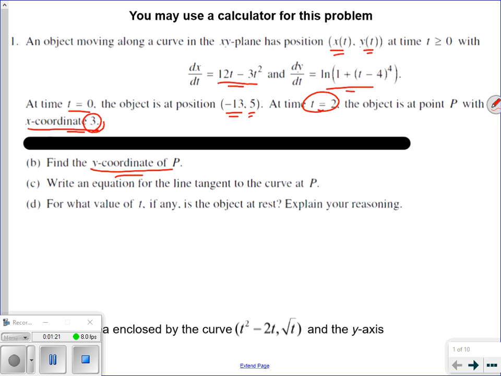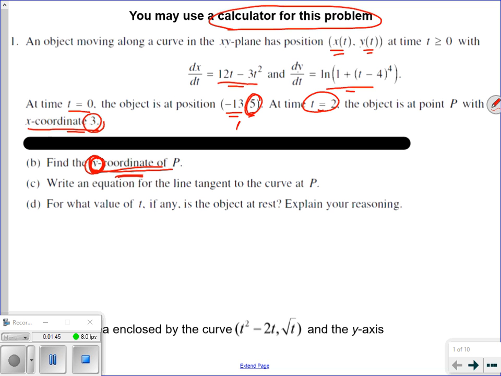Well, we know the x coordinate. We want to know the y coordinate of P. First of all, this is definitely a calc active problem. Just want to clarify that. And if we want to know the y coordinate, I want us to think back to last semester. How do I find a new value given an initial value?